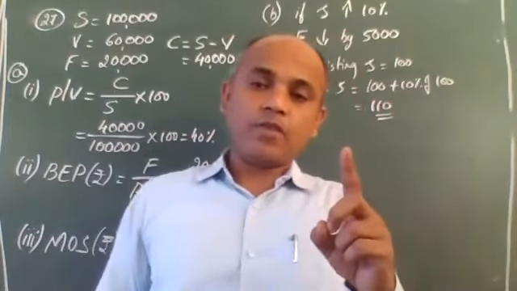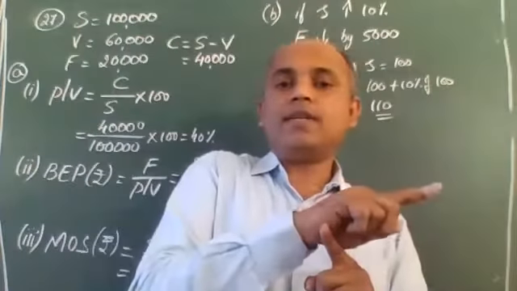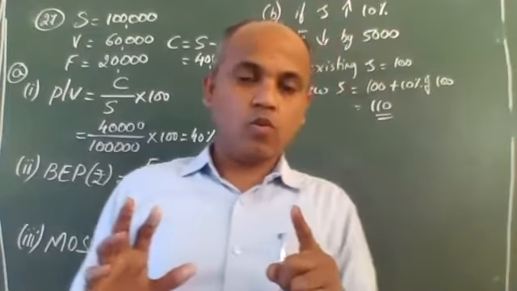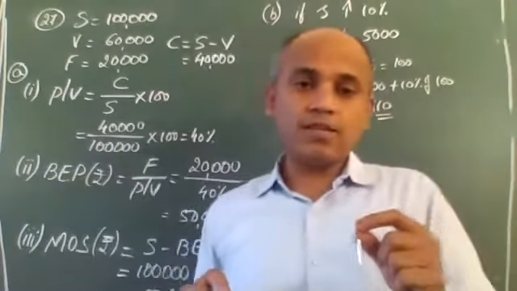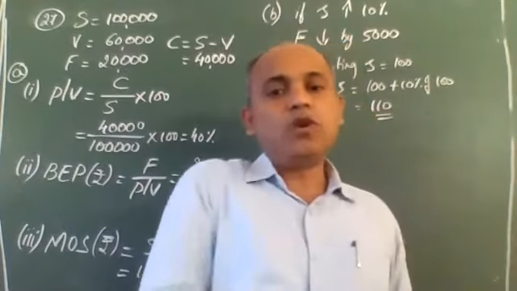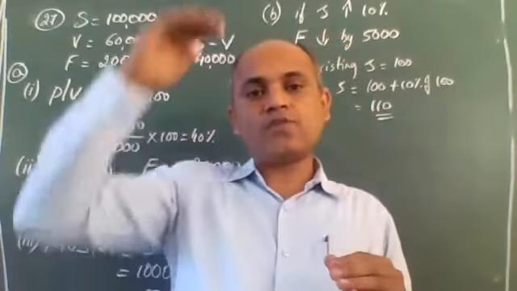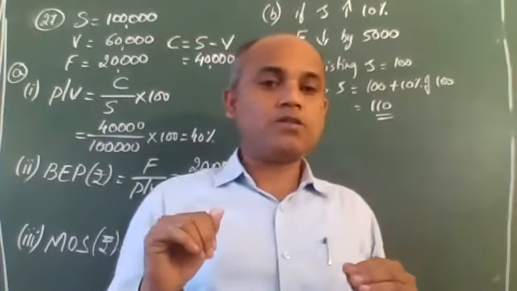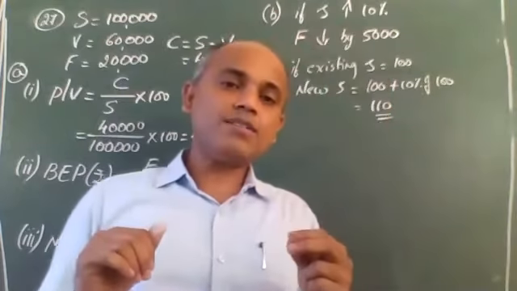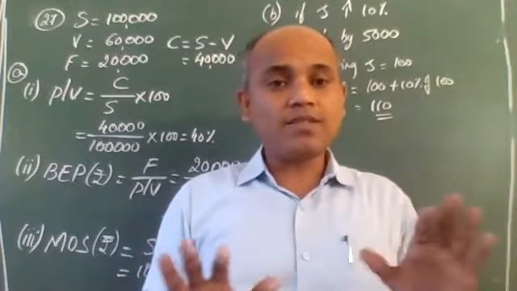One is when you sell the same quantity at a higher price. So the number of units sold last year is equal to the number of units sold in the current year, but still the sales value goes up. Why? Because I might have increased the selling price. Second reason why your sales will go up is I have not increased the selling price.